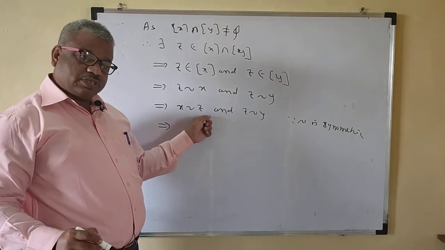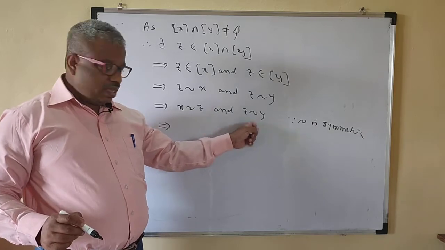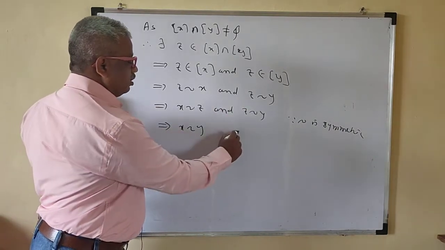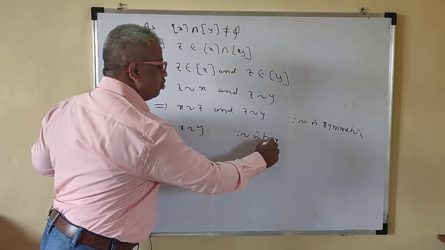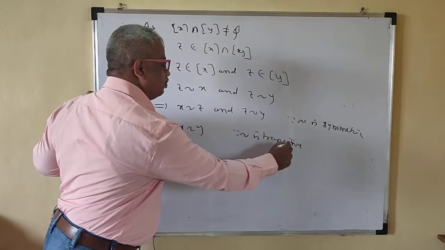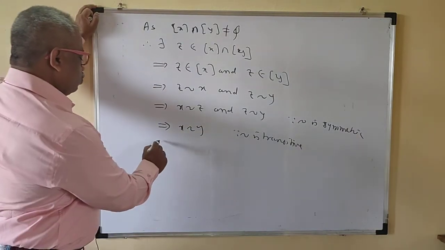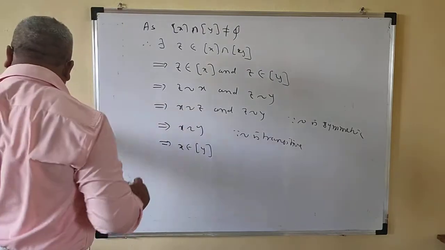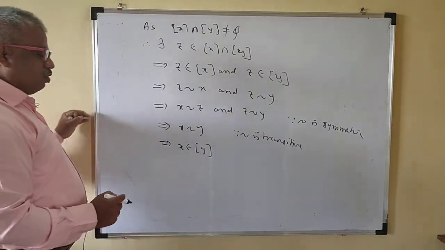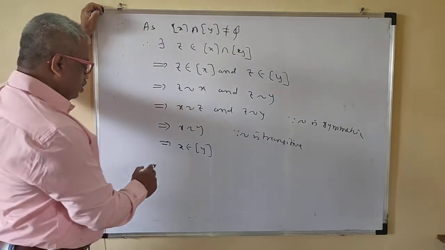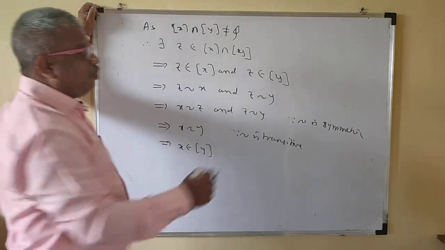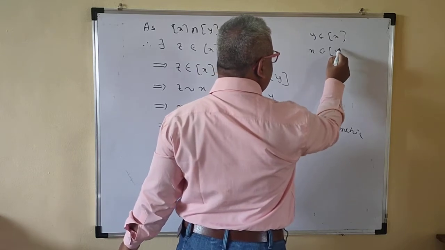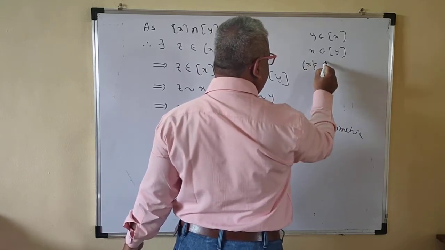Now X is related to Z and Z is related to Y. Since theta is an equivalence relation, it is transitive, so X is related to Y. X is related to Y means X belongs to the class of Y or Y belongs to the class of X. So we have seen that if Y belongs to the equivalence class of X or X belongs to the equivalence class of Y, then their equivalence classes are the same.